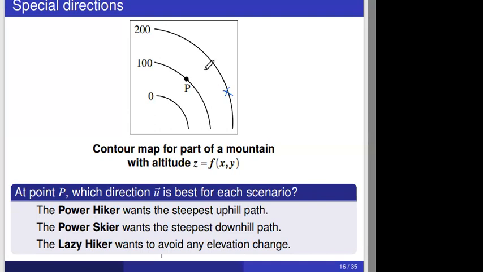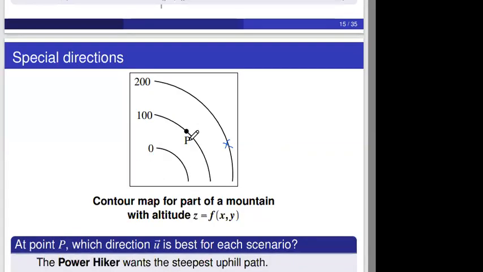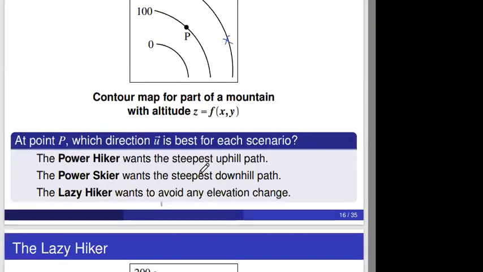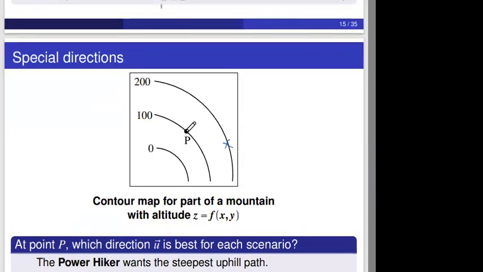And if you have a power hiker, he has to take the gradient, the positive magnitude of the gradient of f. He wants the steepest uphill path. Let's say this is the steepest. So he has to take this route.